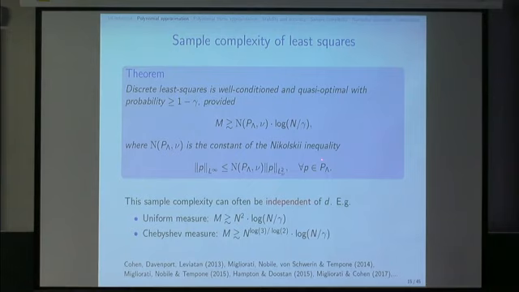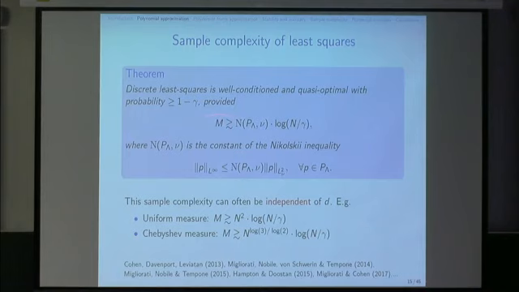Okay. So just to be clear, what do I mean by the constant of the Nikolsky inequality? The Nikolsky inequality is this inequality here. And what it says is how large a polynomial can grow uniformly on my domain in comparison to its L2 norm. So this is a certain number, and it's characterized by the polynomials, the measure nu, and the index set lambda.